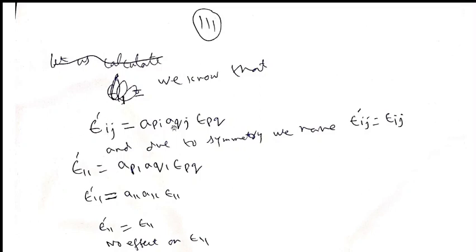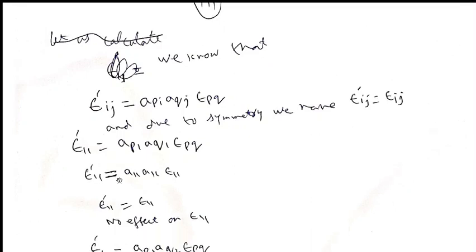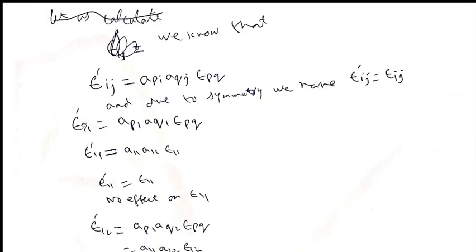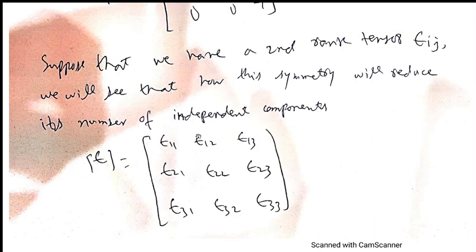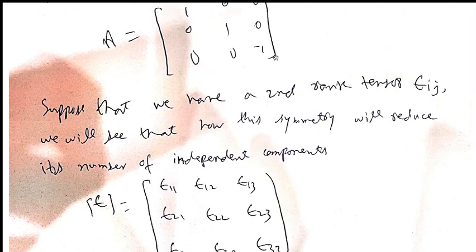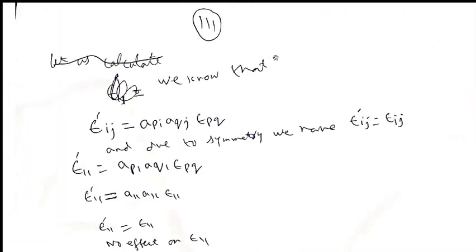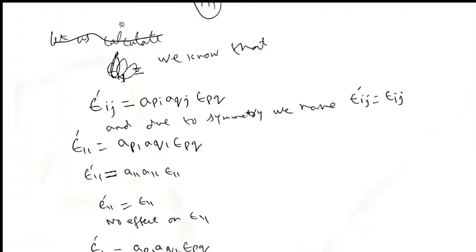Now, this is the transformation law. With the help of the transformation law, we discuss the components. Epsilon 11 dash will be equal to a p1 aq1 epsilon pq. And now on the right side you will have to open the summation on p and q, and we can see that all the components of transformation matrix are 0 except the diagonal. So here will be only 1 1.